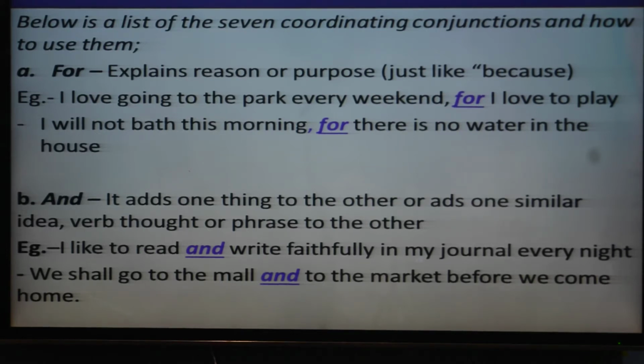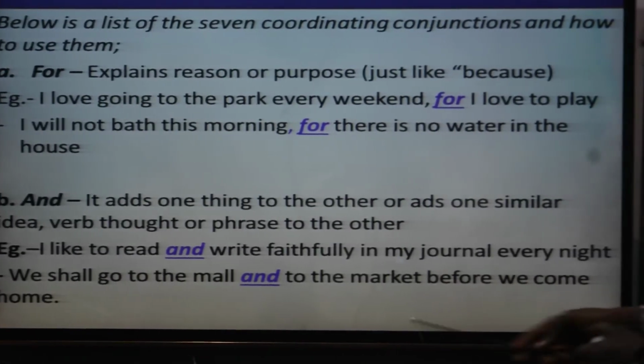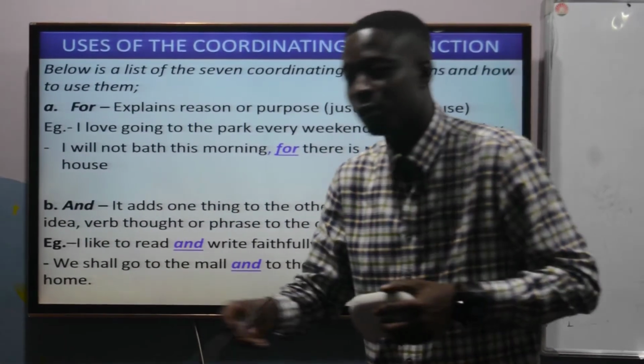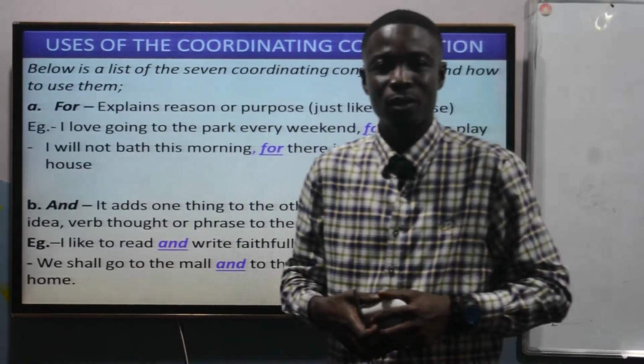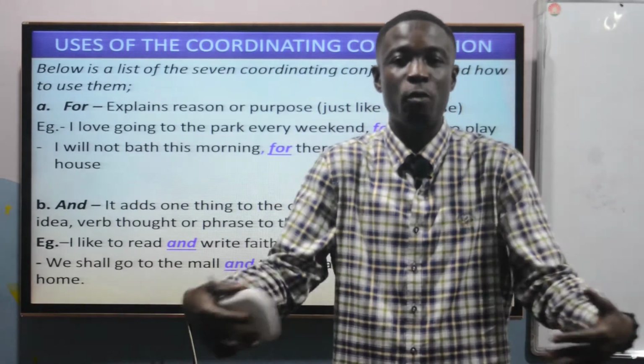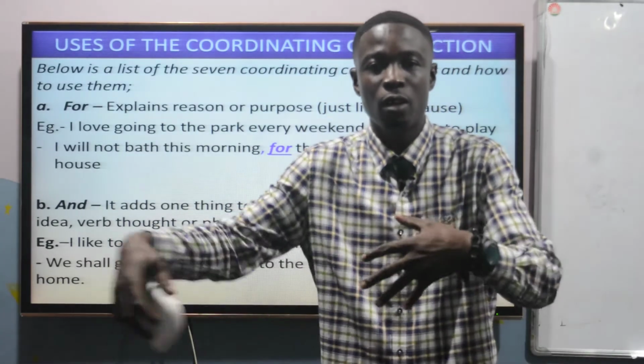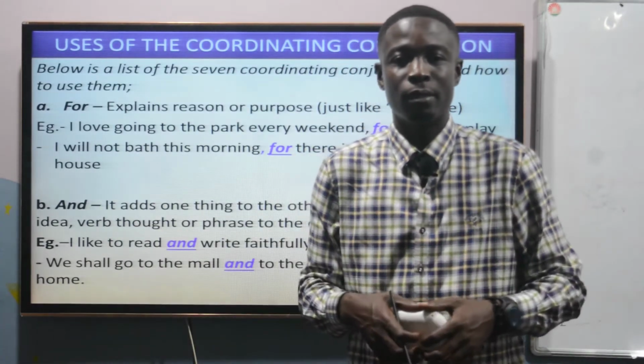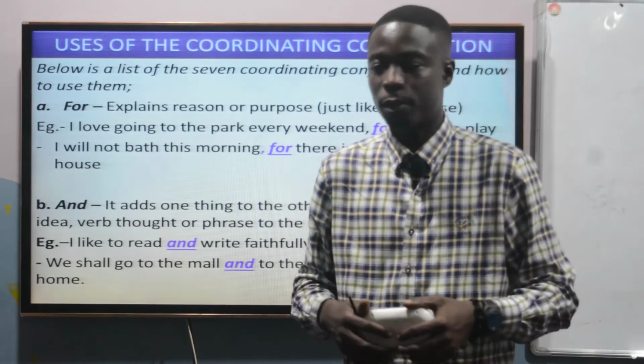The conjunction and makes a list when the things are similar, when you are talking about the same thing or a similar thing that can be put together.